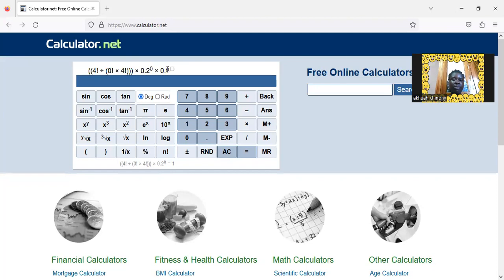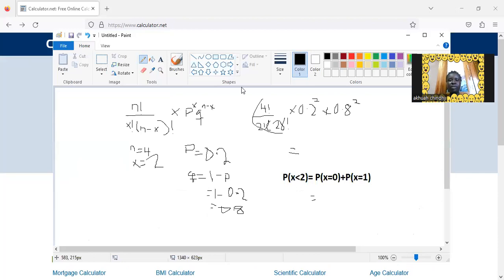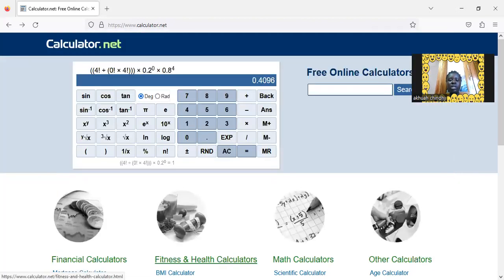So raised to the power 4. We are getting 0.4096. So let's write it down. The probability of x being 0 is given as 0.4096.